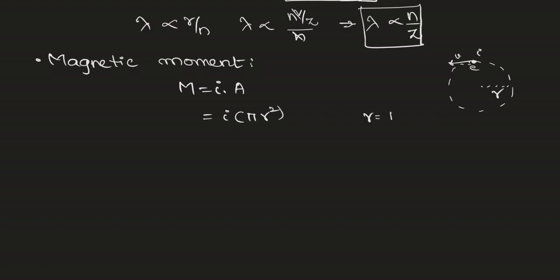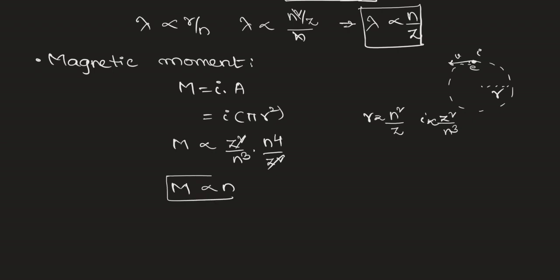As r is n square by z, and current is proportional to z square by n cube, magnetic moment is proportional to z square by n cube into n power of 4 by z square. So z square gets cancelled. Magnetic moment is proportional to n only. So we can give one statement like this: independent of z, that is atomic number. That is about magnetic moment.